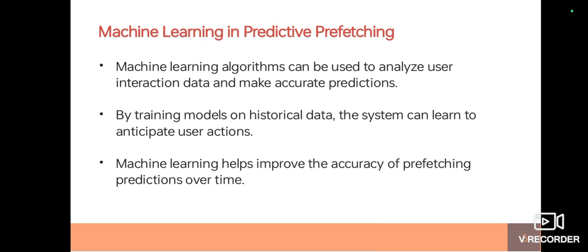So by using historical data, the actions already done by the user, the data can be used by machine learning algorithms to create the predictive prefetching algorithms. Machine learning helps improve the accuracy of prefetching predictions over time.